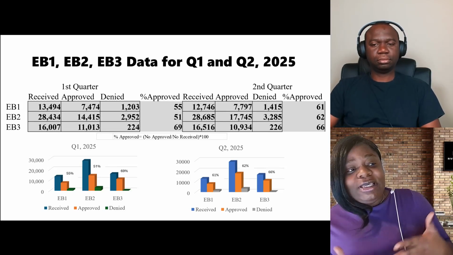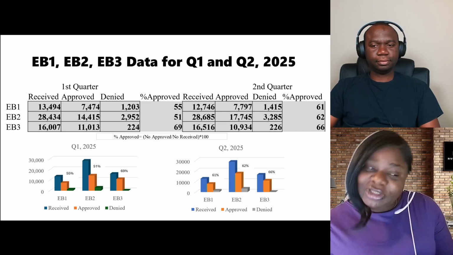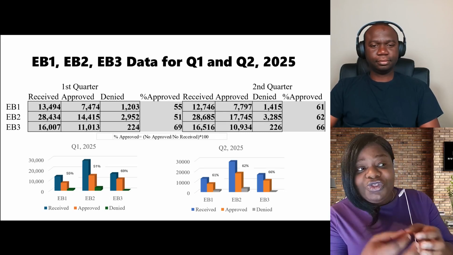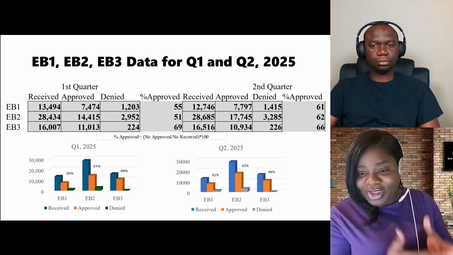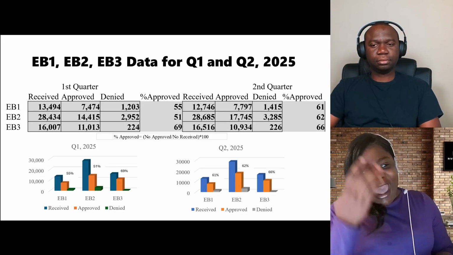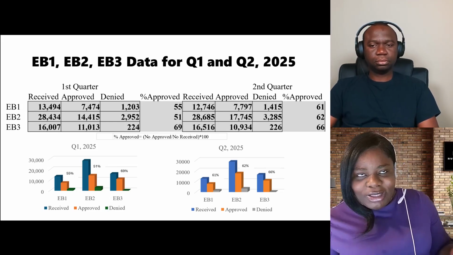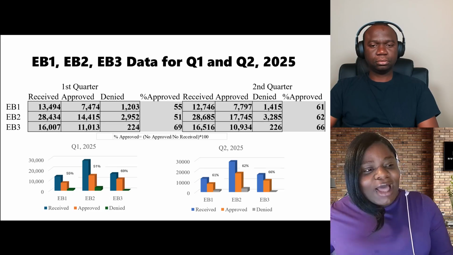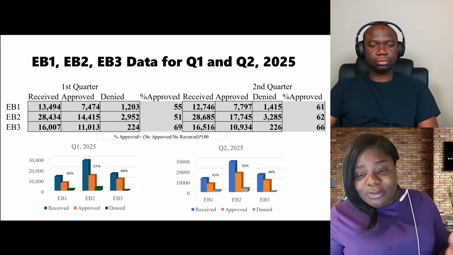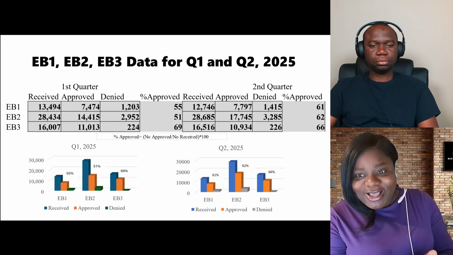And likewise EB2-NIW, the national interest waiver, is within whatever trend we observe in EB2. And EB3 for our skilled workers is all-encompassing of that category as well.